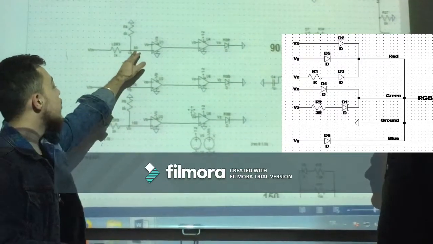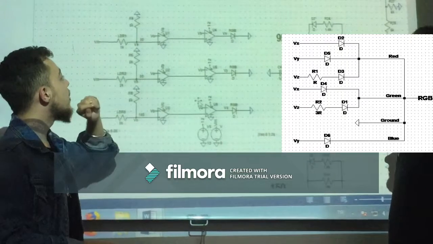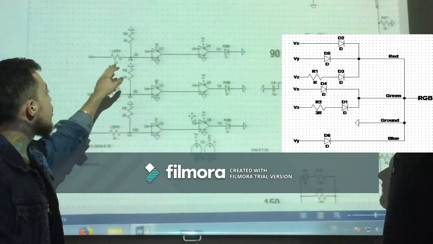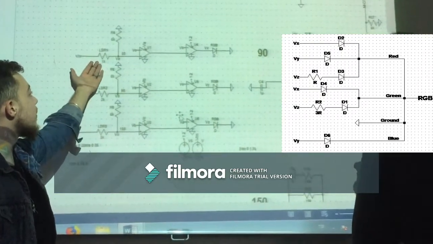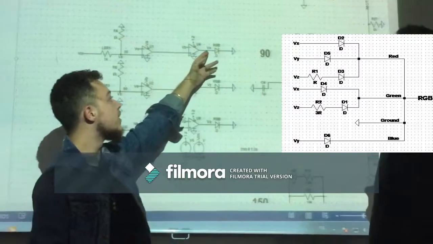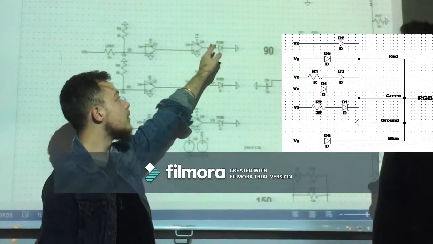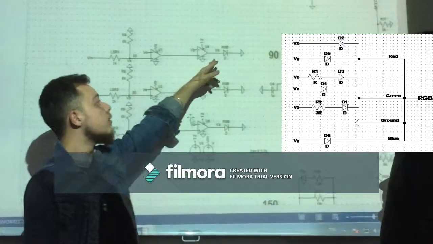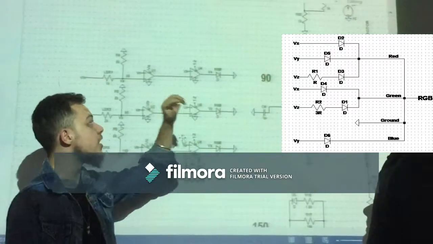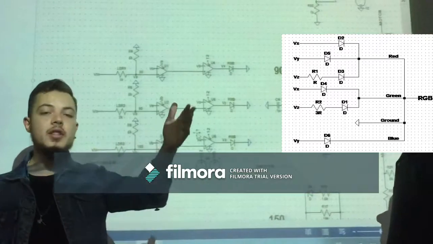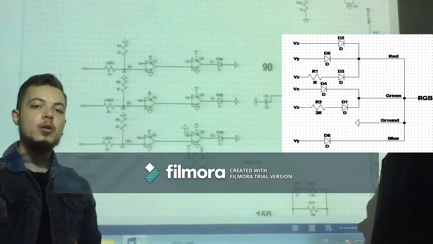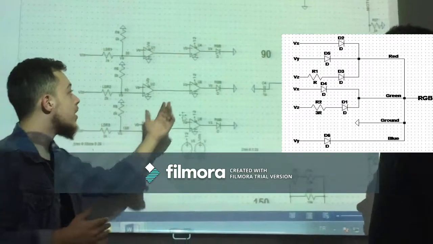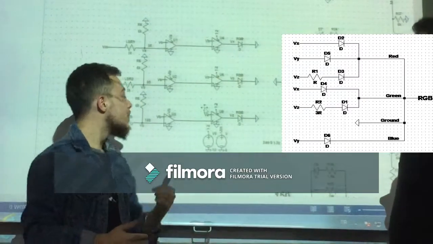In order to get 30 degrees of servomotor motion, we need the highest intensity on LDR1, and we only get plus 12 voltage here. In order to get the yellow color, we set the voltage and current to one side of the red and one side of the green side of the RGB, and we get the yellow color.